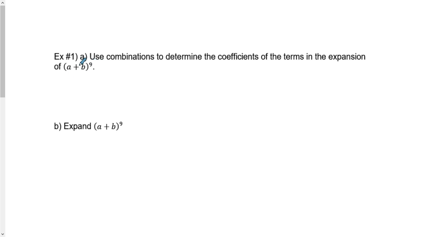For example, we're going to use combinations as the coefficients in the expansion of a plus b to the power of 9, which means we're just going to determine the numbers in front. Because of that 9, it's going to start off with 9C0.